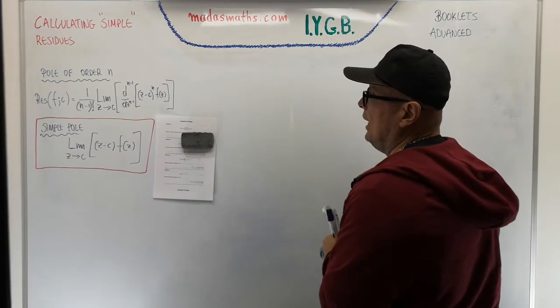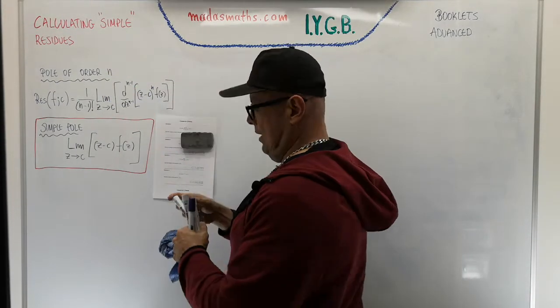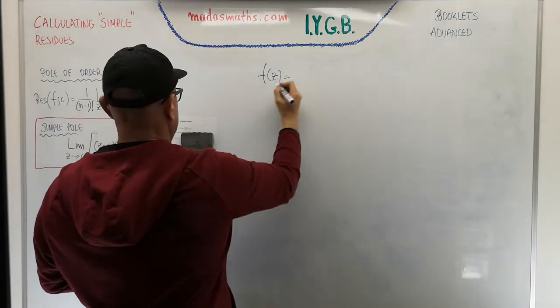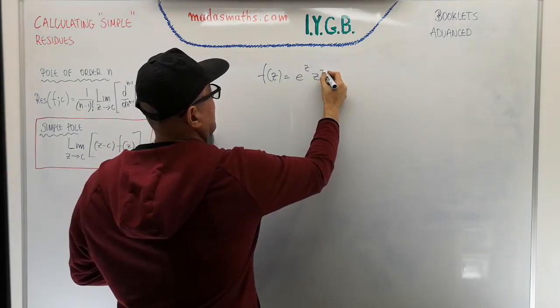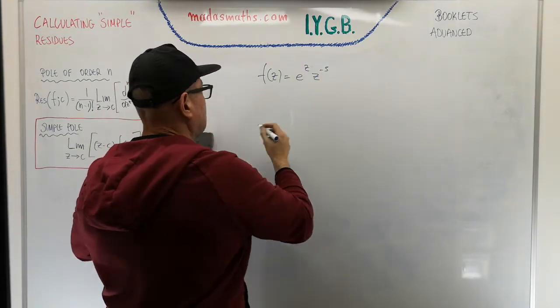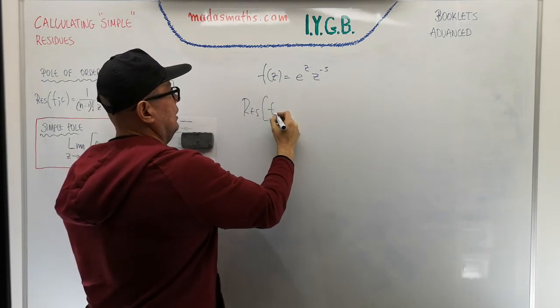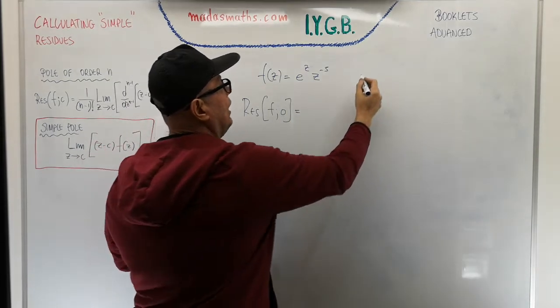Again, the formula. We have to use the formula for a pole of order 5. So first of all, I just rubbed off the function. Stupid of me. What was it? E to the z to the minus 5. So the residue of this function at the origin is a pole of order 5.